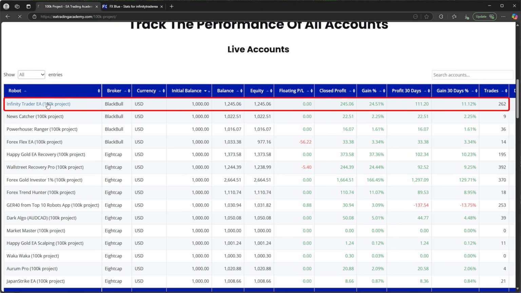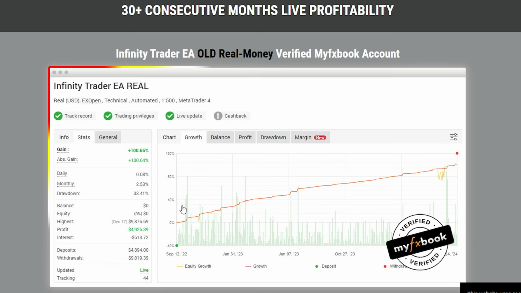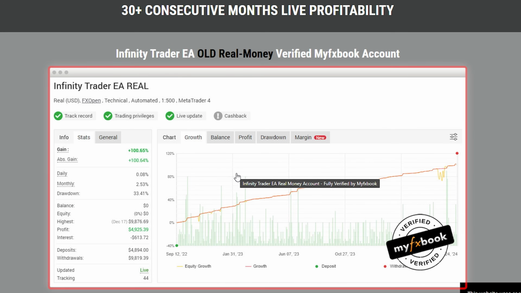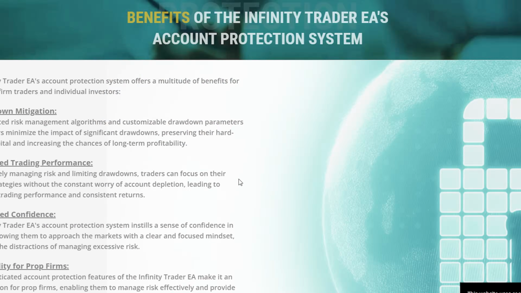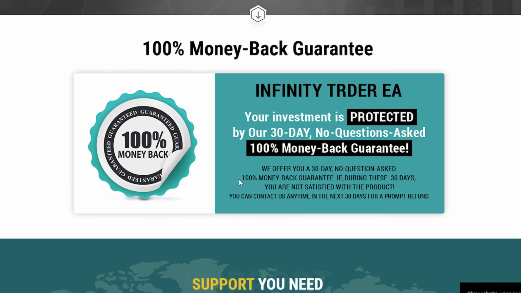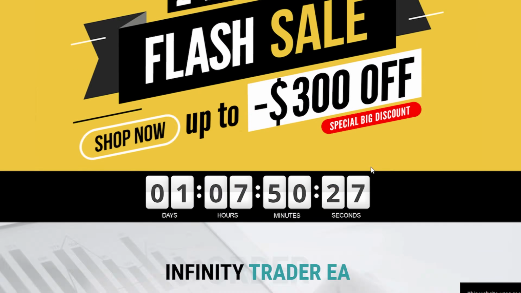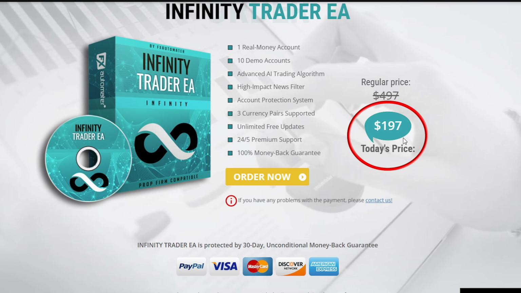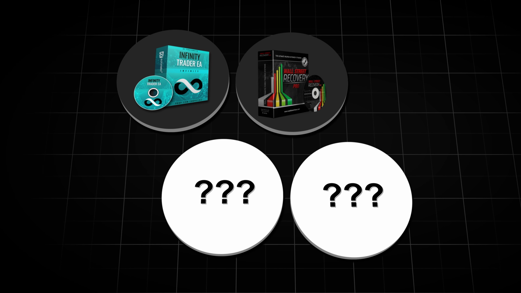And the Infinity Trader EA is usually on a sale. There is a track record from the vendor that I'll leave on you to check out, but if I scroll down to the bottom of the page, you will see that this EA comes with 100% money back guarantee, and the price currently sits at $197.